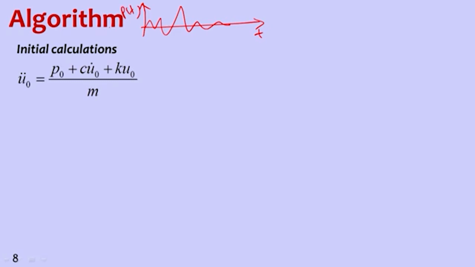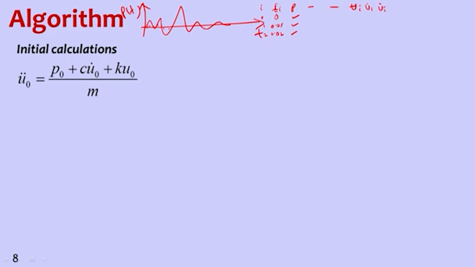This can be written in terms of a table, P at i. i is equal to 0, P is the force at i equal to 0. i means time instants, different time instants, and we have all the force values defined, say at 0.01, 0.02, the t i. i is a time instant, so 0, 1, 2 like that. Now we need to find out the parameters and finally displacement, velocity and acceleration at i. So these things we need to find out.